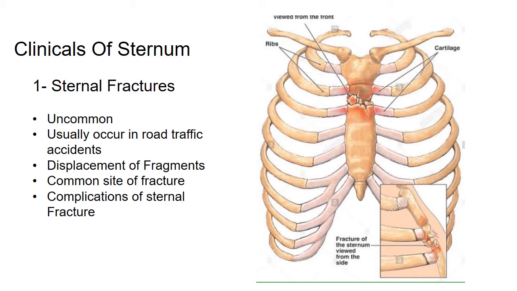So if a sternal fracture occurs, it may lead to complications such as heart injury, for example cardiac rupture, tamponade, or lung injury. That is why sternal fractures are of great interest for surgeons.